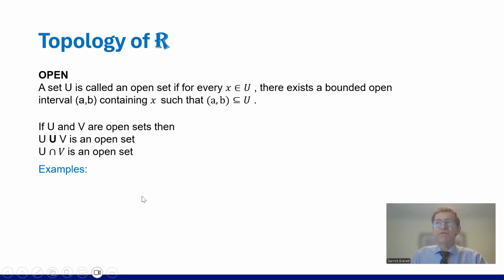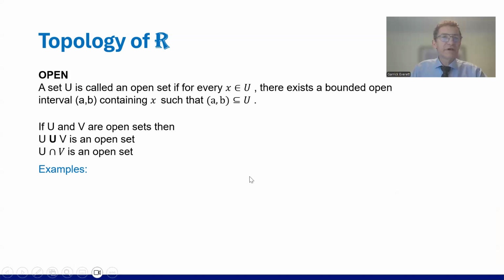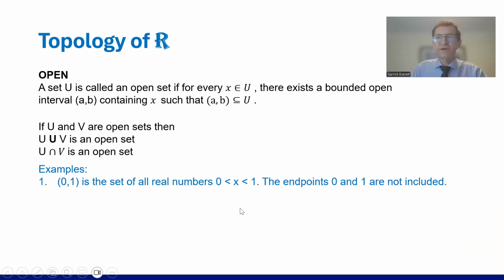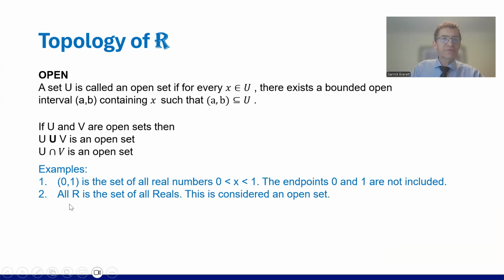And here are some examples. (0, 1) with the rounded brackets is the set of all real numbers from 0 to 1, but not including the endpoints. 0 and 1 are not included. So that's the rounded brackets.